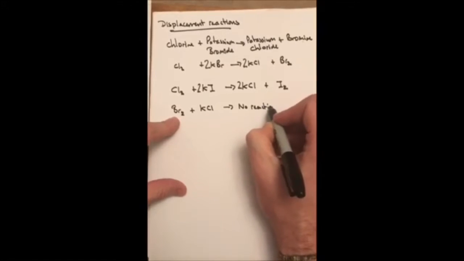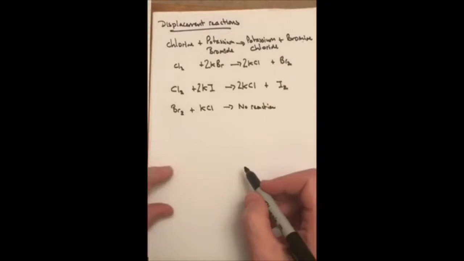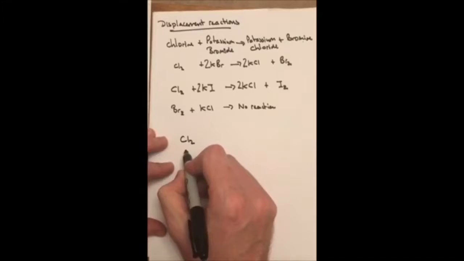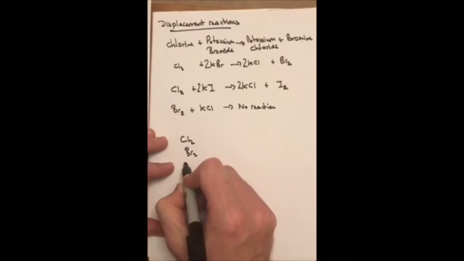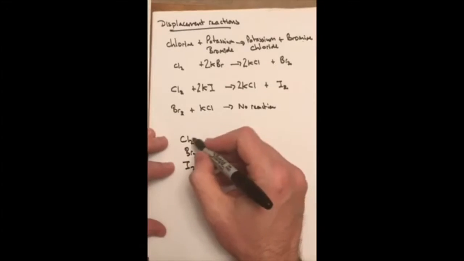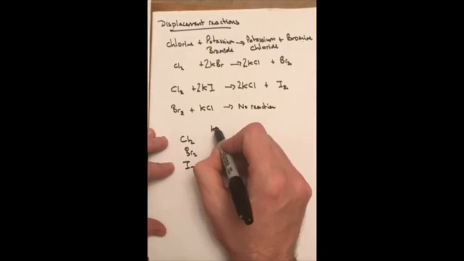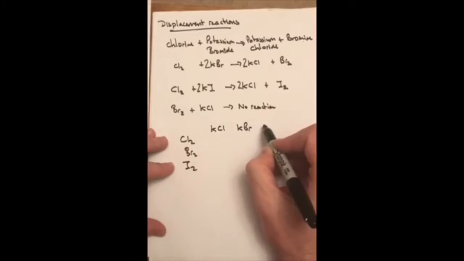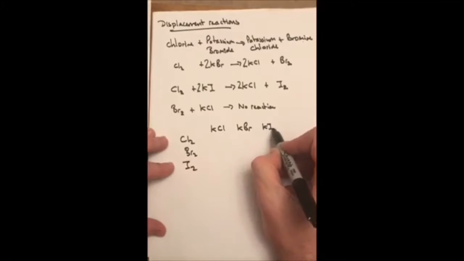So we can use this information to construct a reactivity series, in order showing the most reactive down to the least reactive of these. And it would look like this. So we have my halogens. Let's have my compounds. So we've got KCl, KBr, potassium bromide, and potassium iodide.